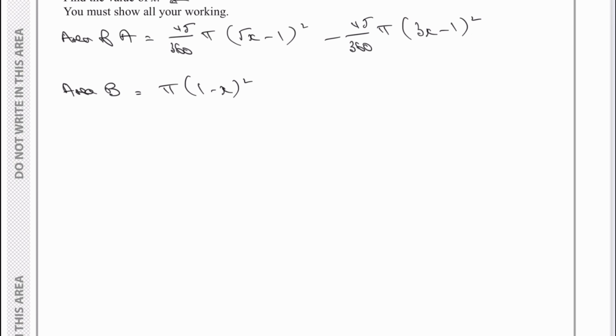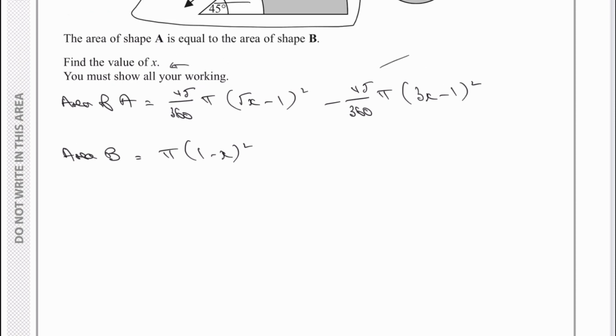So let's see what we've got to work with. Well, 45 over 360, I can reduce that to 1 over 8. So I'm absolutely fine with that. Because I've got two terms that are going to be multiplied by 1 over 8 pi, I'm going to take that out to make it a little bit easier to work through.